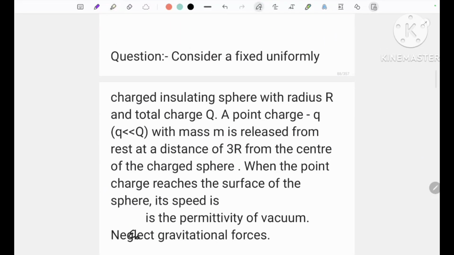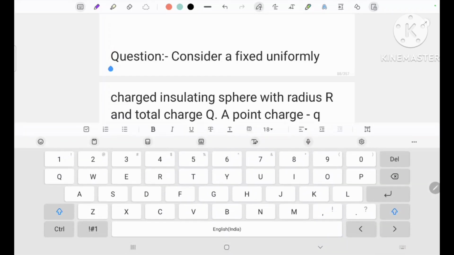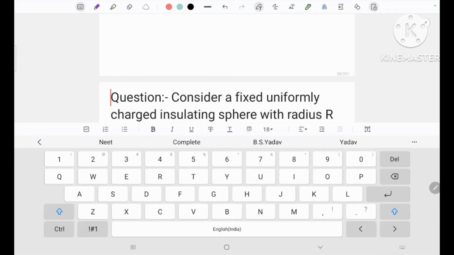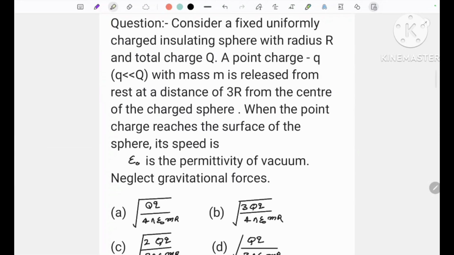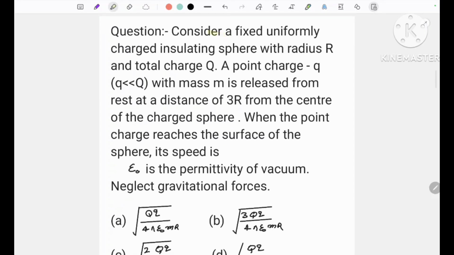Next, consider a fixed uniformly charged insulating sphere with radius r and total charge q.